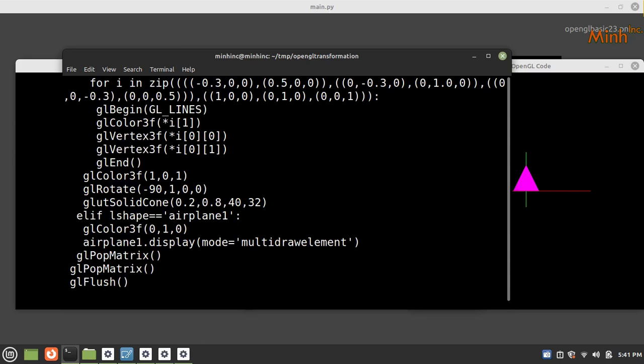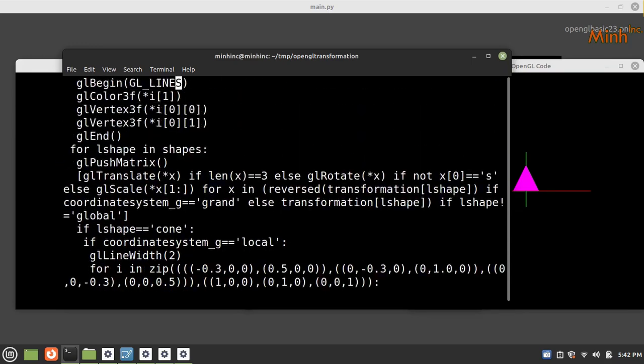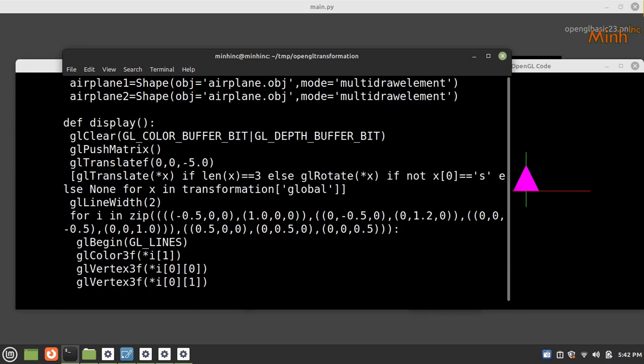Just paste it here. Aeroplane 2 and aeroplane 2. Okay, so color we can make it kind of purple. So one plane is green and one plane is purple. That's it. No other change is required.